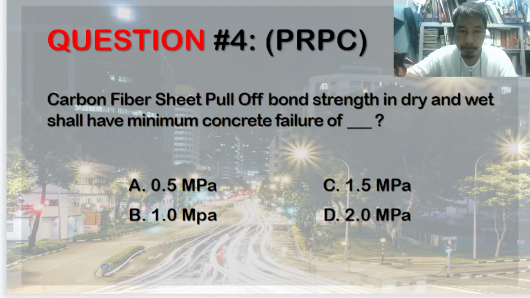So using the bond strength in dry and wet shall have minimum concrete failure of A, 0.5 megapascal, B, 1 megapascal, C, 1.5 megapascal, and D, 2 megapascal. So the minimum concrete failure is letter C, 1.5 megapascal.